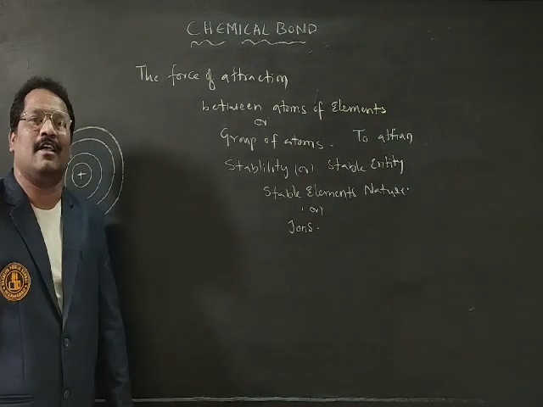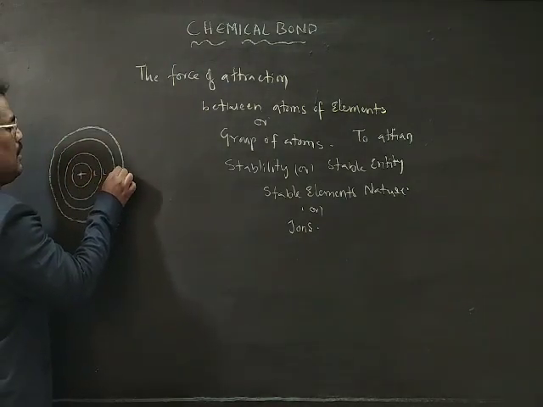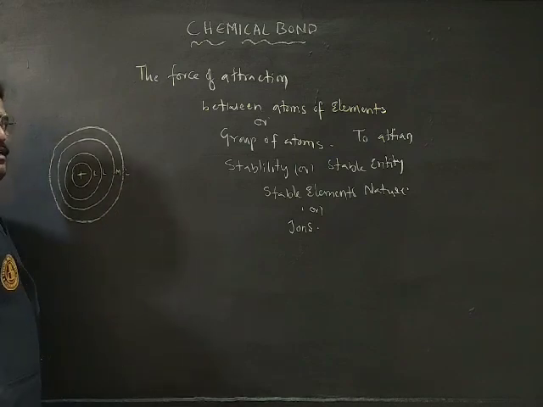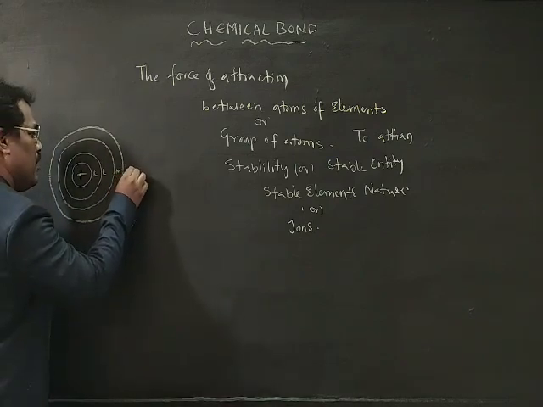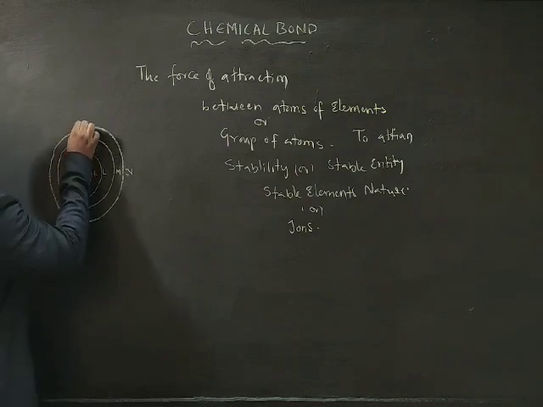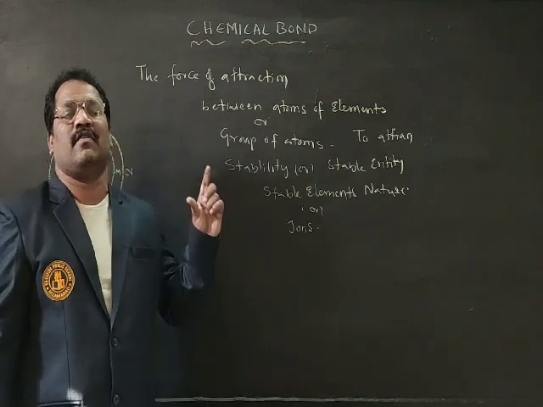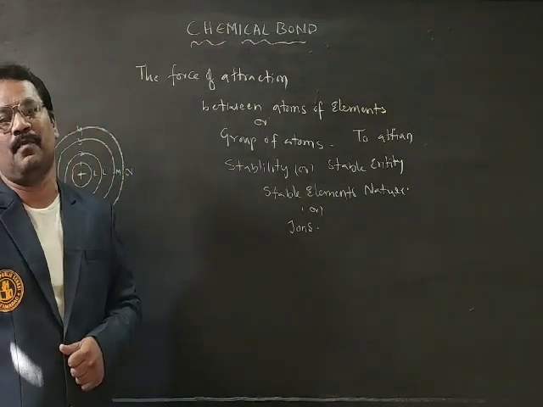Those shells are called K shell, L shell, M shell, N shell, depending upon the numbers 1, 2, 3, 4, the principal quantum number given by Niels Bohr.